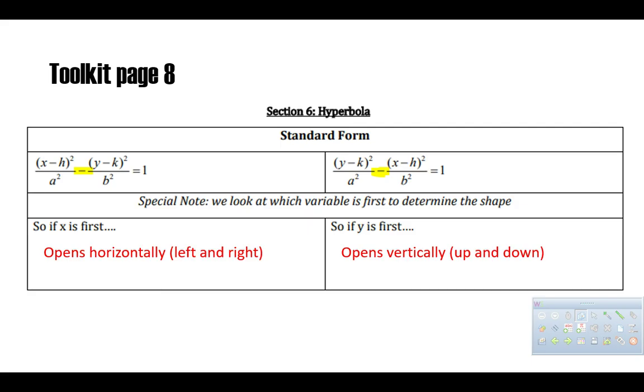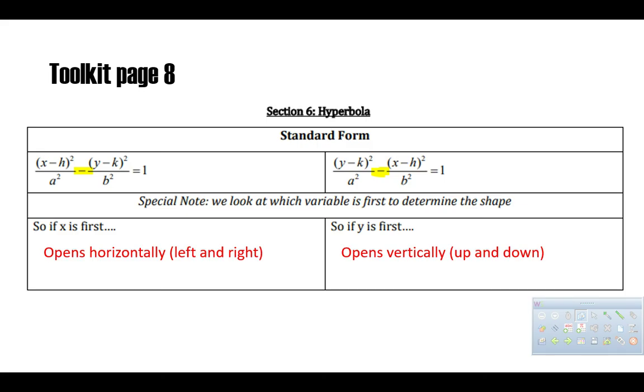What determines an ellipse's shape is the denominators. Which denominator's bigger is going to determine if it's stretched wider than it is long. In a hyperbola, it's not the denominators that determine its shape. It's the positive variable. The variable before the negative sign is going to determine the shape.